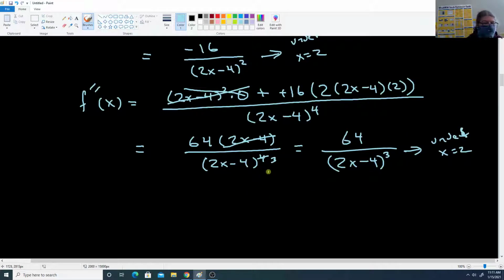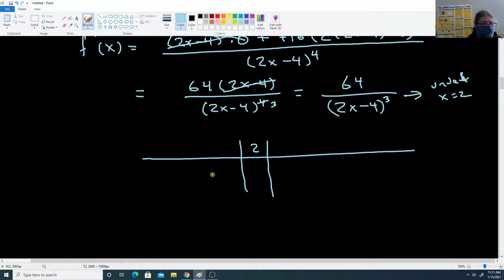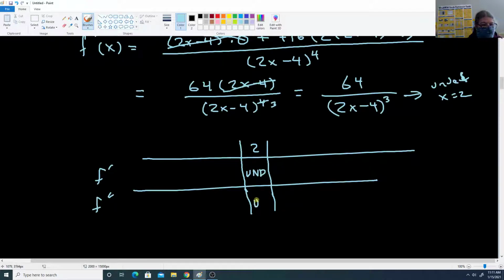So when we go to build our table, we have x equals 2. Our first derivative and our second derivative are both undefined there. So we're going to take a number to the left of 2 and see what it does to the first derivative, and then a number to the right of 2.